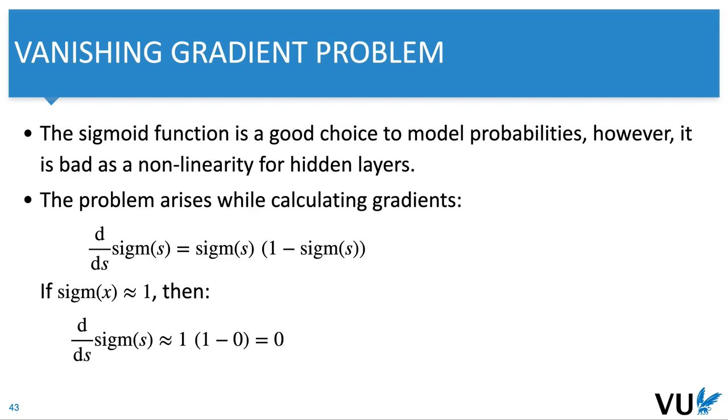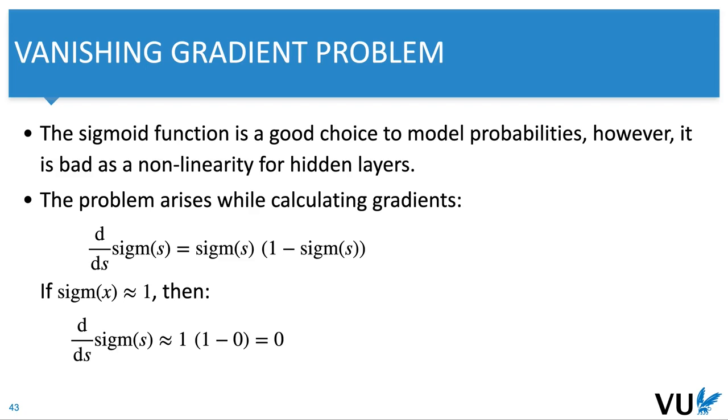And what is that? If we take a sigmoid non-linearity, we can calculate the derivative of the sigmoid function as sigmoid times 1 minus sigmoid. If our model is very certain, at some point some neuron will maybe give us sigmoid equal to 1. What happens then?